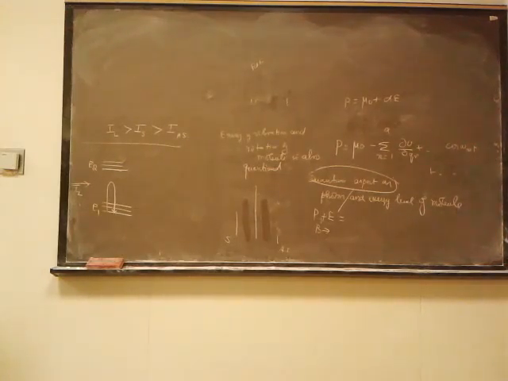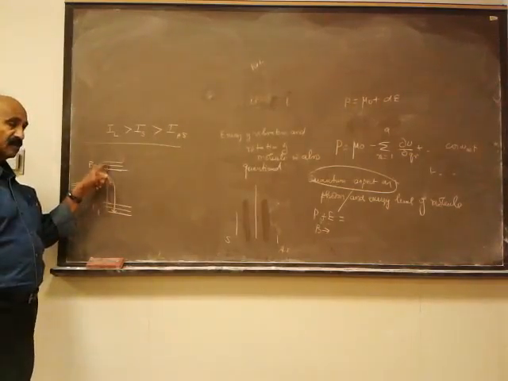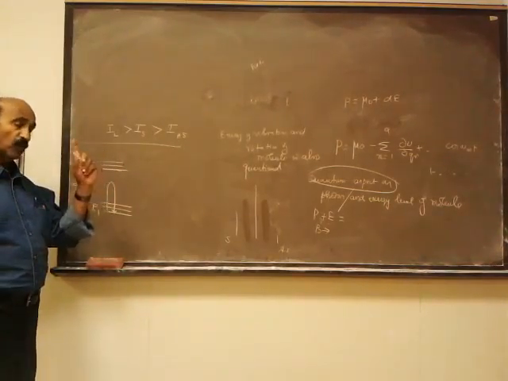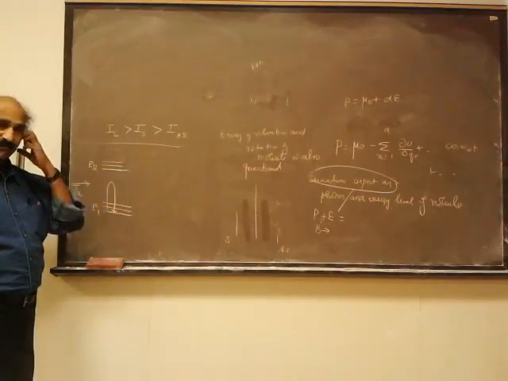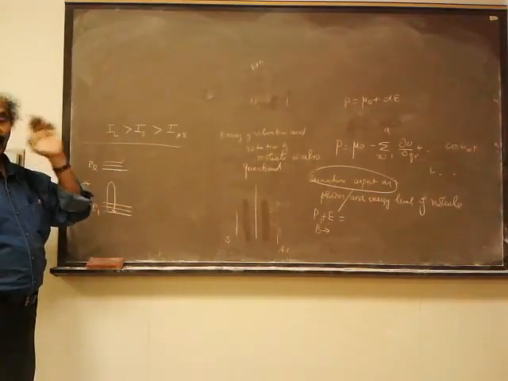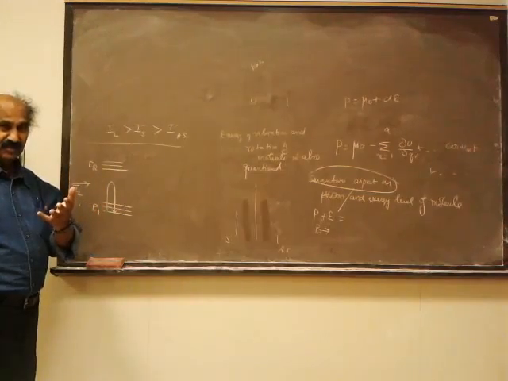Absorption is different from scattering. Absorption means from here it goes here, stays there for 1 or 2 nanoseconds, and then it undergoes certain relaxation and produces fluorescence.